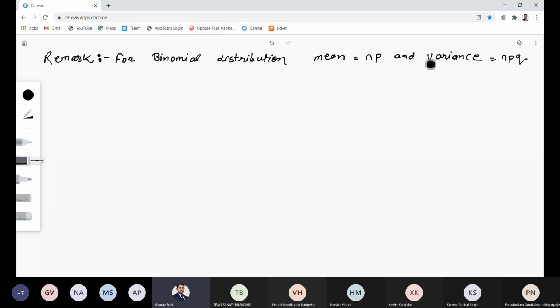So since variance is NPQ, the standard deviation of this has to be equal to under root NPQ. And why is this important?